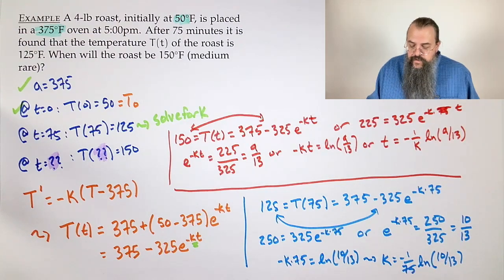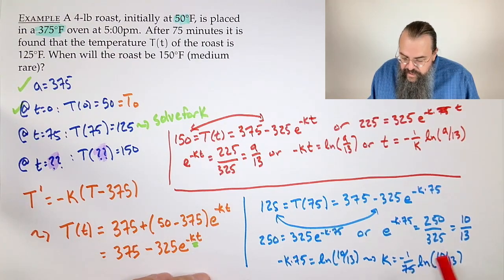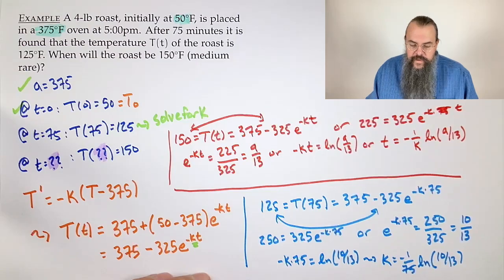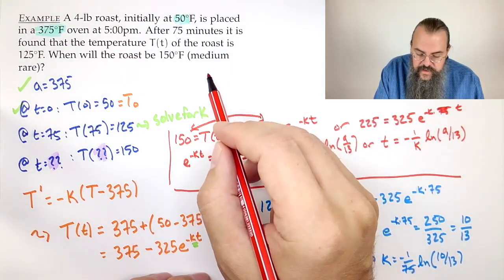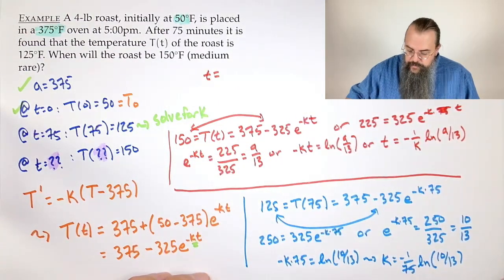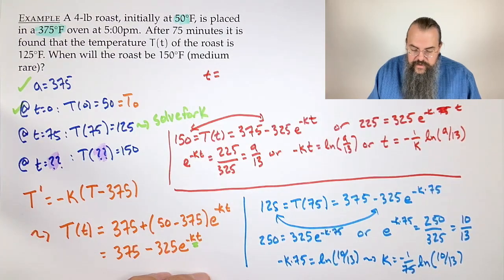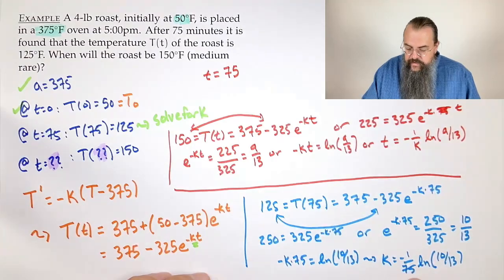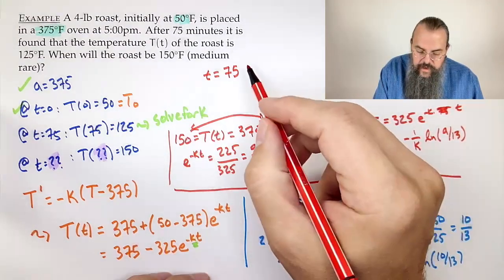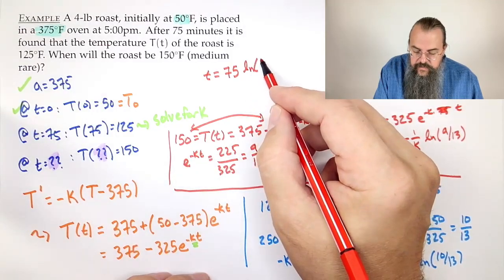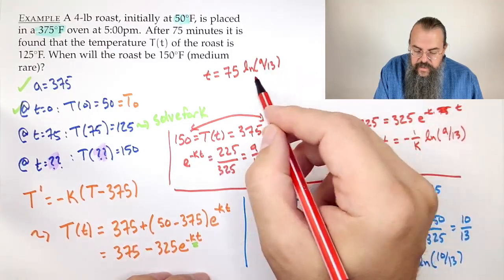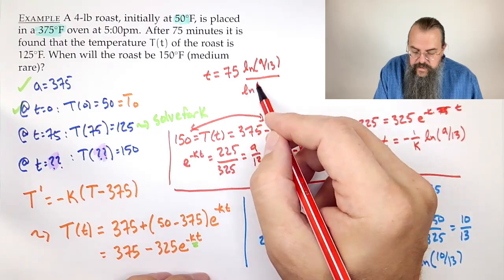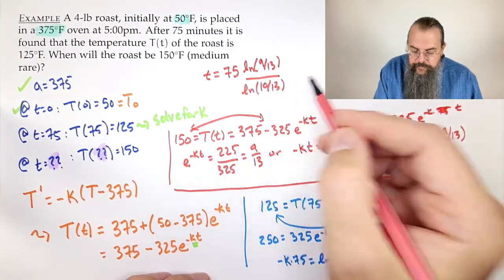And so if we put this all together, we can combine this value for k into that value of t, and we can say, aha, our answer. We're taking the negative reciprocal, so it would be 75, that's that reciprocal there, and then we'll have a log of 9 over 13, and downstairs we'll have a log of 10 over 13.